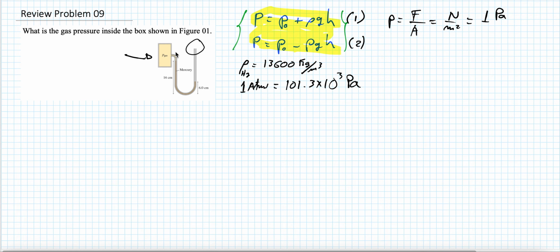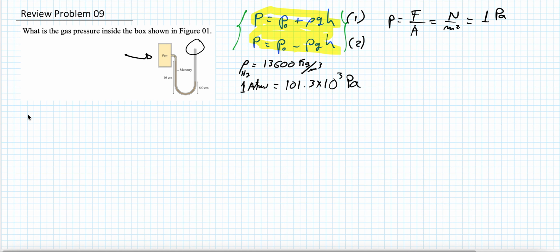Here, from the drawing, we know that the pressure inside this box will be less than outside, because the mercury is flowing in this direction. That means the pressure inside is less than the pressure outside. So let's use this equation here.